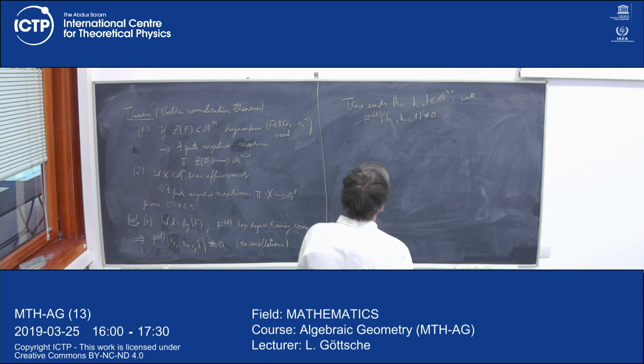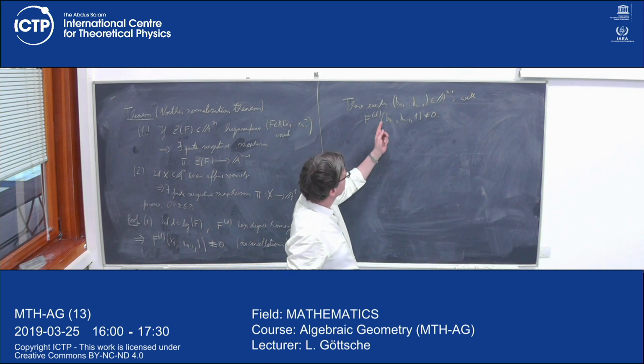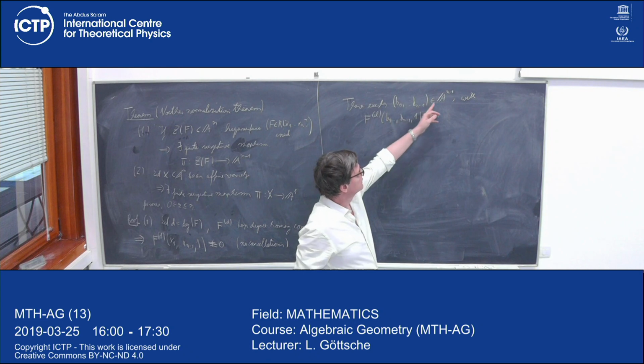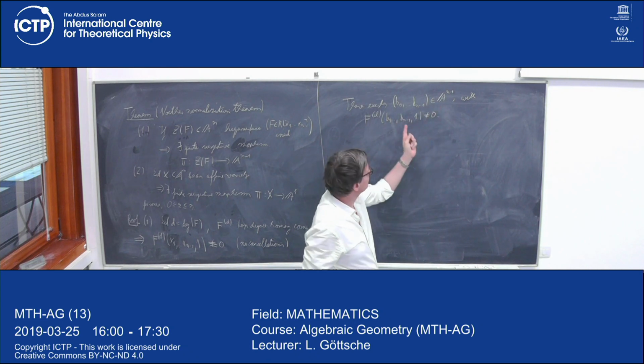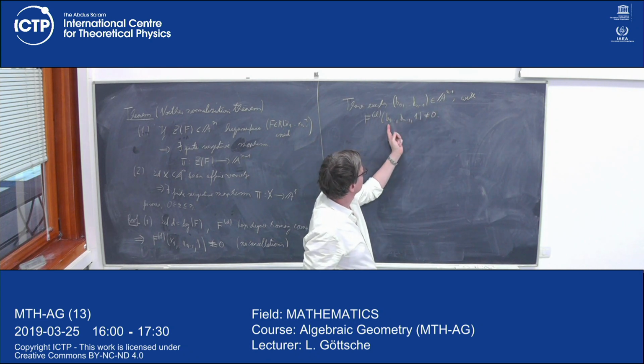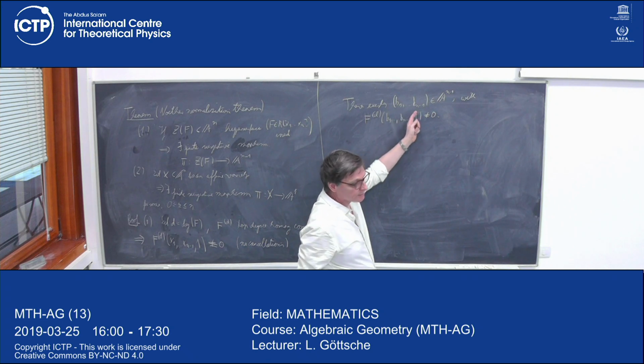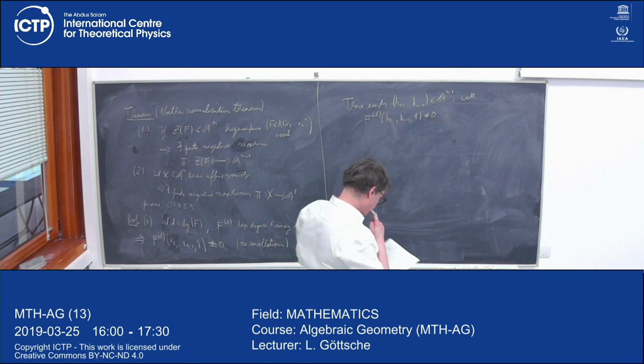Now we can simplify our lives by using a linear map from A^n to itself, so that this point b1 to b_(n-1) actually becomes the point 0, 0, 0.